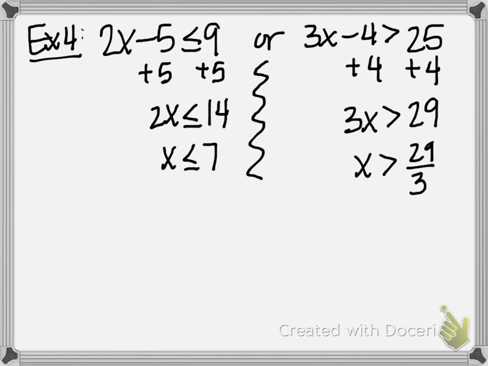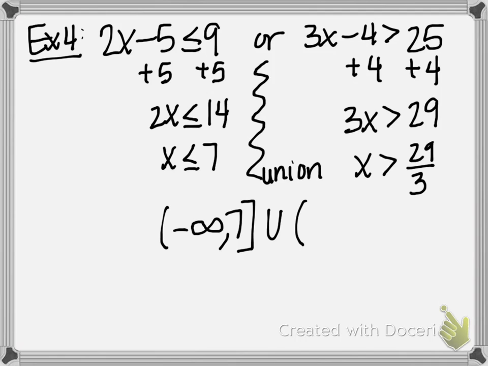Okay, once we have them both solved, and you have an or between them, that means that this is a union, that you put both on one graph. So that means I'm going from negative infinity to 7, and I'm going to union that with 29/3 to infinity.